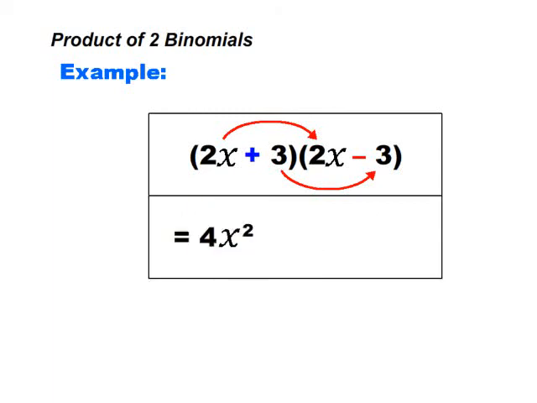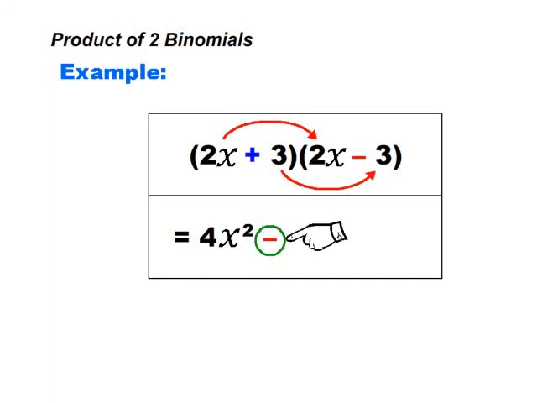We know that a positive sign multiplied by a negative sign will give us a negative. So this positive sign multiplied by this negative sign will give us a negative sign. We write the negative sign here, just after 4x squared.